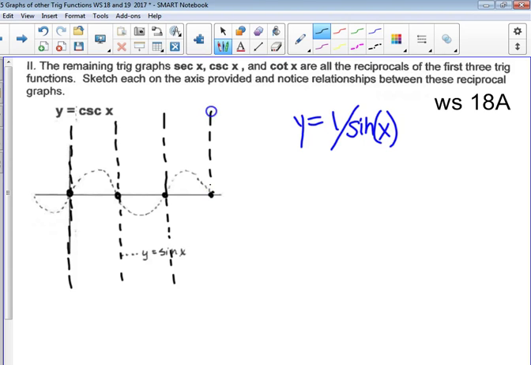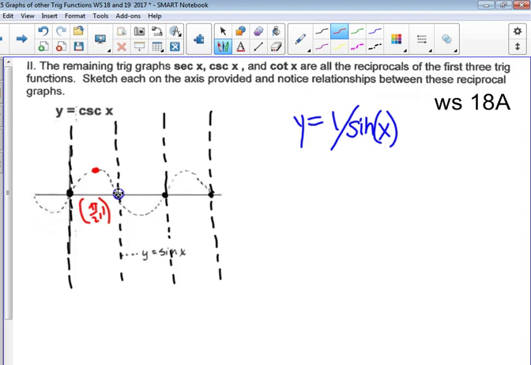Now, before I go too far and we have a big mess, can you give me some ordered pairs? Where did the original sine graph go through here? 0, 0, which isn't on the new graph, but let's keep going. What was this point right here? Pi over 2, 1, yes.